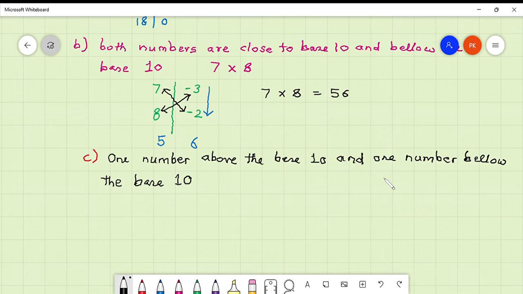Take for example 7 into 15. So make a partition. On the left side of the partition, write 7 here, 15 here. The base is 10 and 7 is deficient by 3. So write minus 3 here, and 15 is above the base 10 by 5.